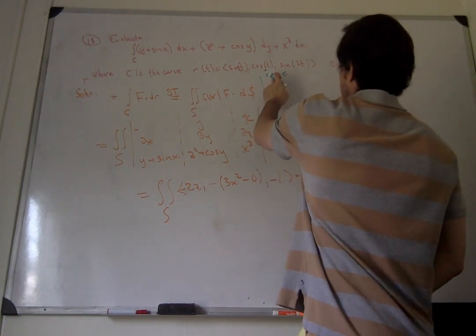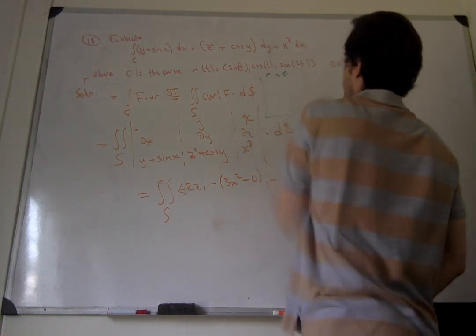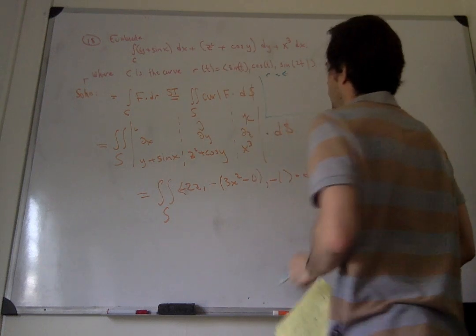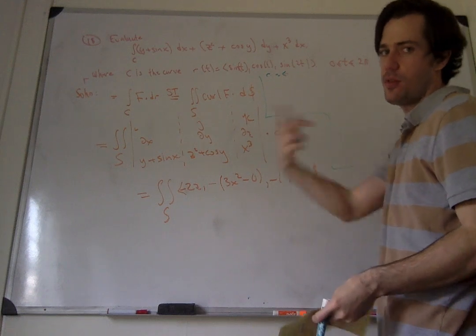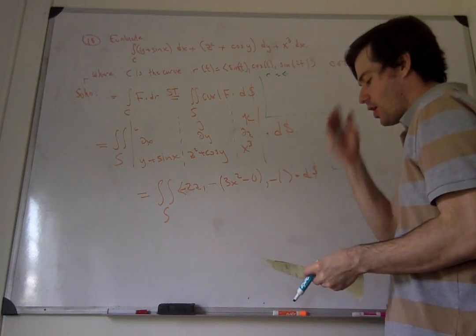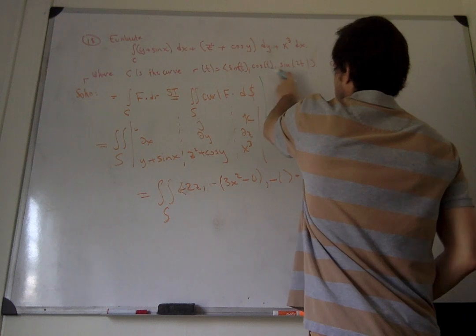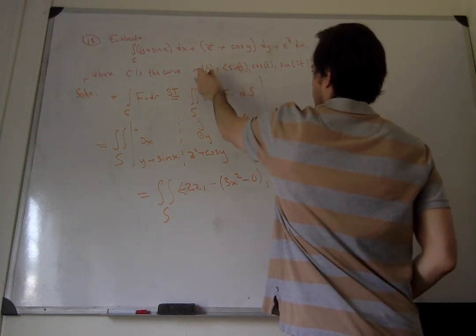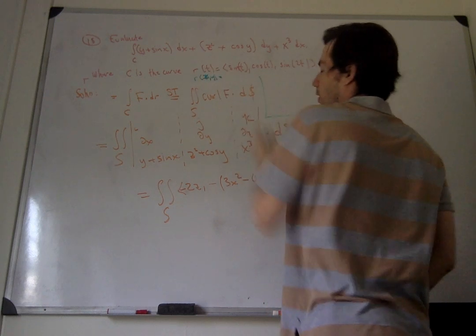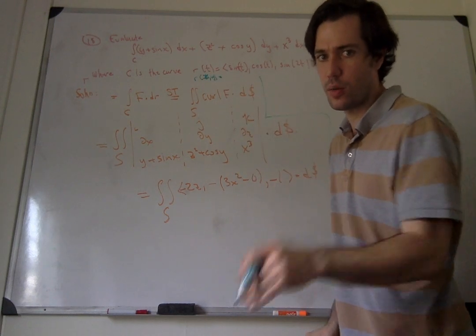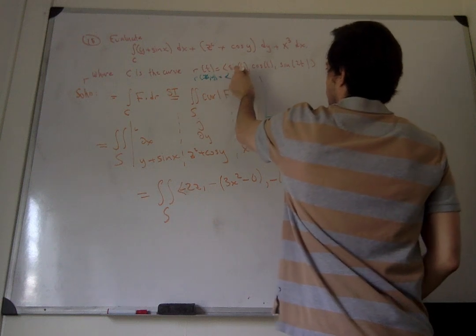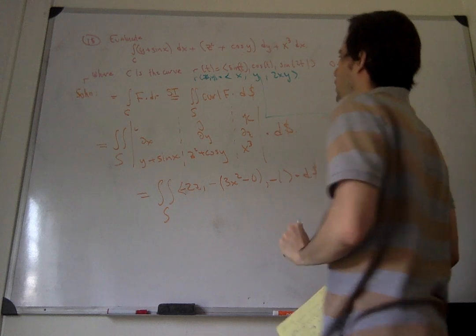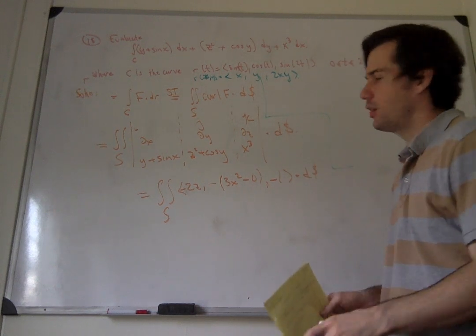So what am I saying? I'm saying that if I think of this as a function of t, I could compute derivatives with that. I don't want to do that. What I'm going to say instead is that r of x, y, okay, I've converted it now, r of x, y, this is going to be x, y, and 2xy. Okay, so that's nothing too complicated.